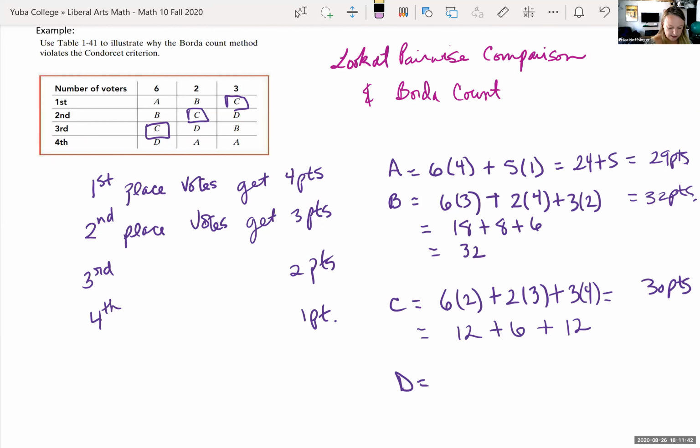D. Last place there, second to last there, second place here. So 6 people ranked them last, which is only 1 point per vote, plus 2 people ranked them third place, which is 2 points per vote, plus 3 people voted them second place, which is 3 points for the vote.